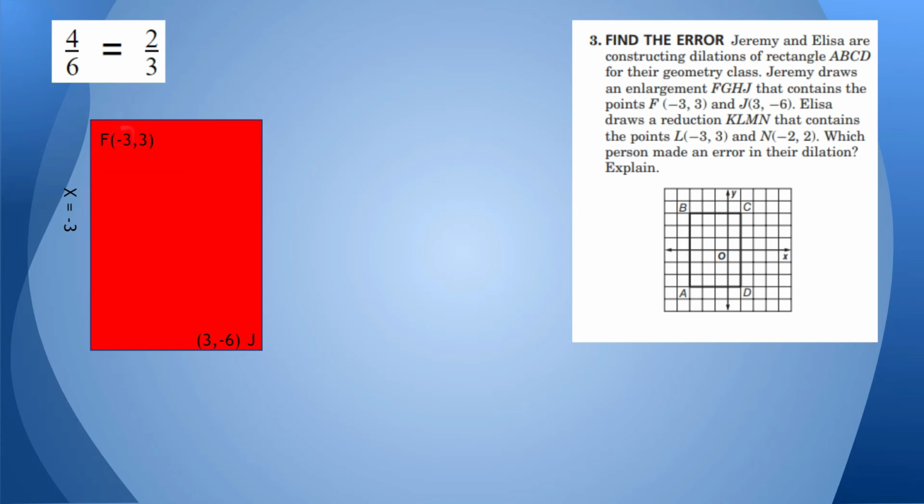If we have -3 as our x for point F here, then that means that this line up and down is x equals -3. Whatever points you put on here, the y will change, but the x will always be -3, which means that the point over here in the bottom left-hand corner will have a -3 for the x as well. And we'll see that in just a little bit.